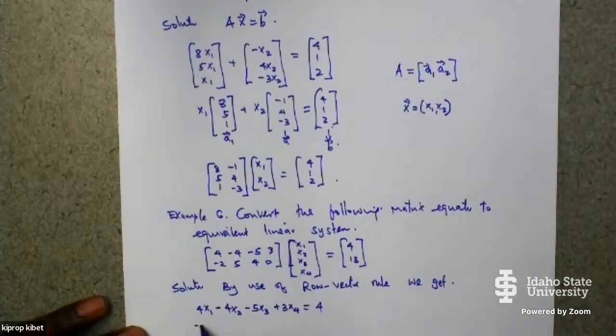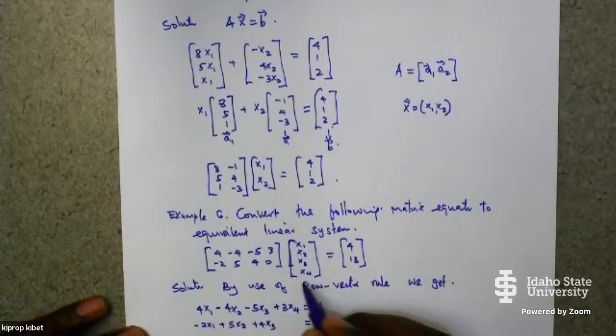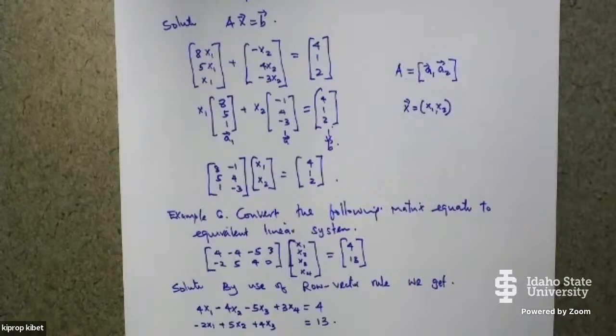Then minus 2x1 plus 5x2 plus 4x3 plus 0x4 equals 13. So that is how we get the linear system.